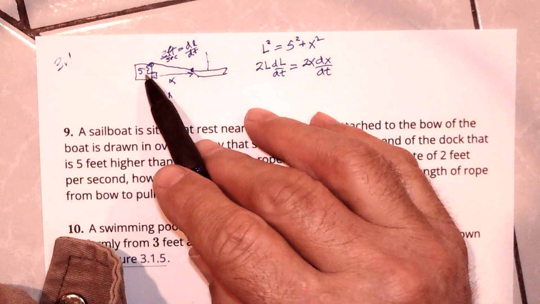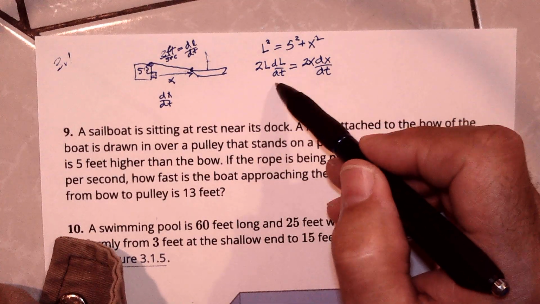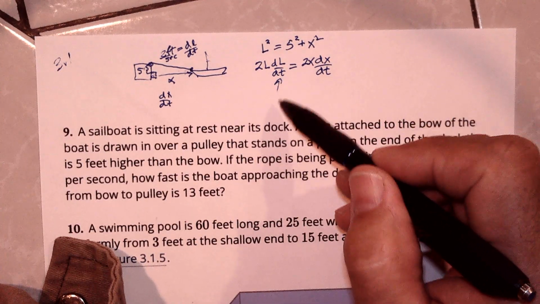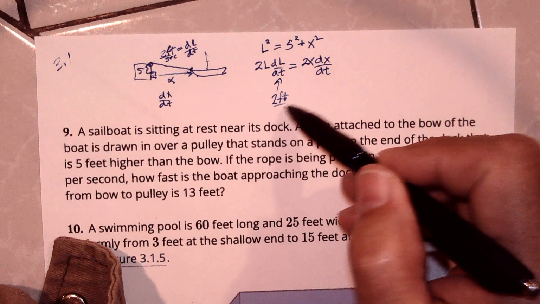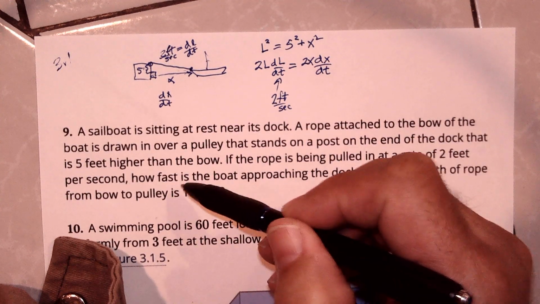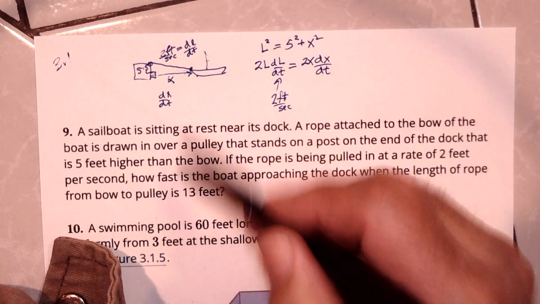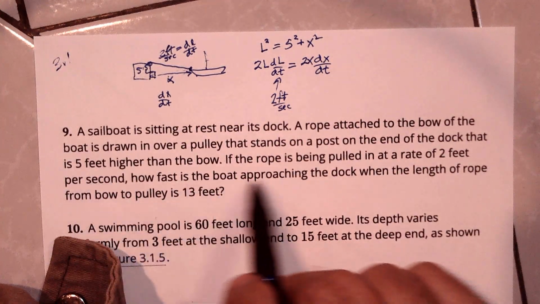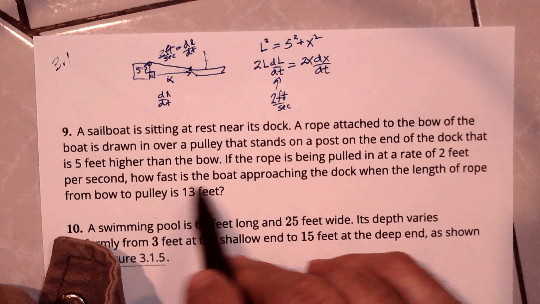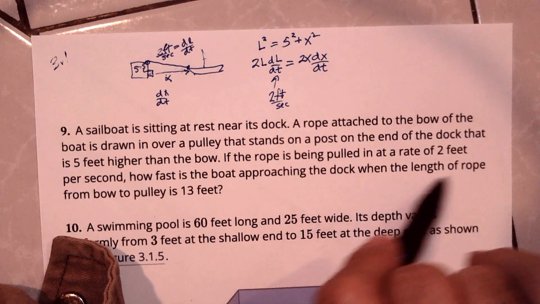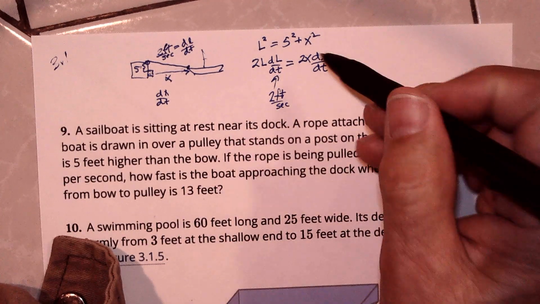They ask us to figure out, if dL/dt is changing at 2 feet per second, how fast is the boat approaching the dock when the length of the rope from the bow to the pulley is 13 feet?